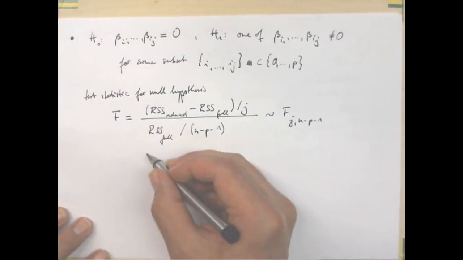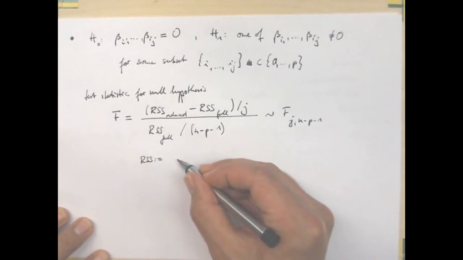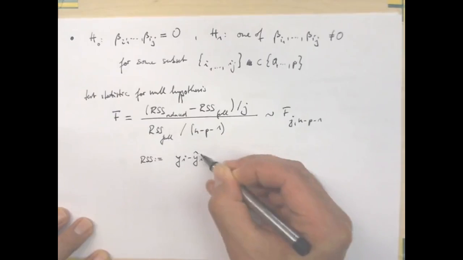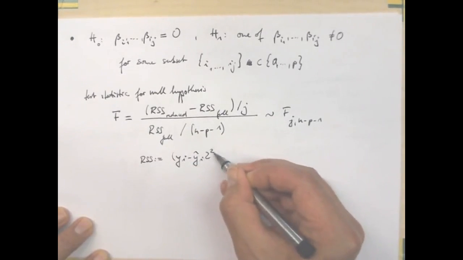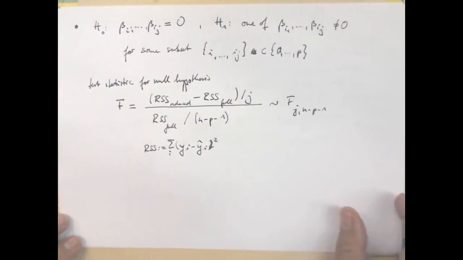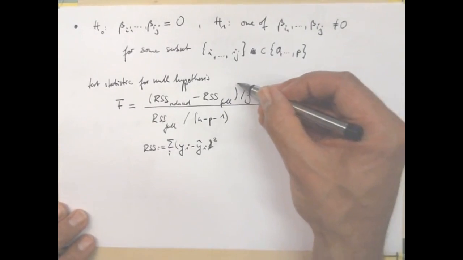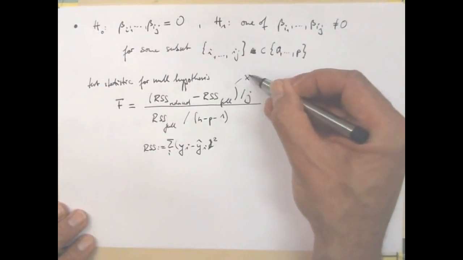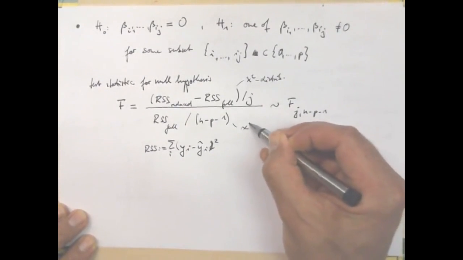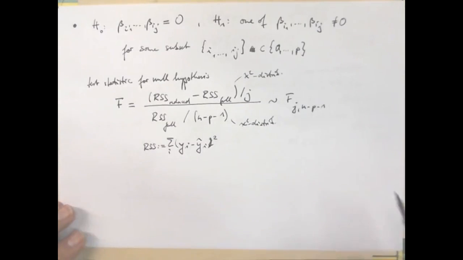The residual sum of squares is defined as my y_i minus y_i hat, summed up. If my errors are normally distributed, then both the numerator and the denominator are chi-square distributed. And if you divide these two by each other, you get something that has an F distribution.